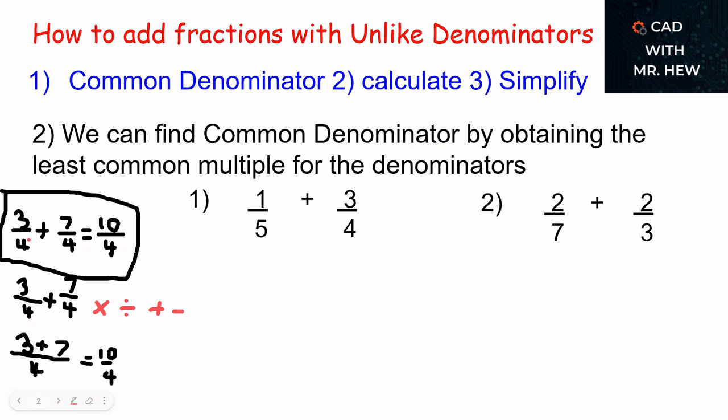So let me show you why now. This is really a division, 3 upon 4, that's a division, and 7 upon 4, that's a division. So if you add, and get incorrectly, 10 upon 8, which is incorrect, right?